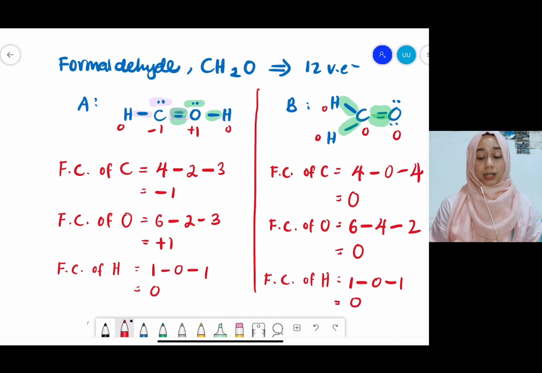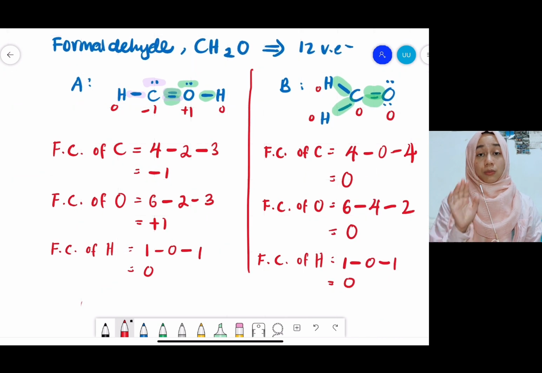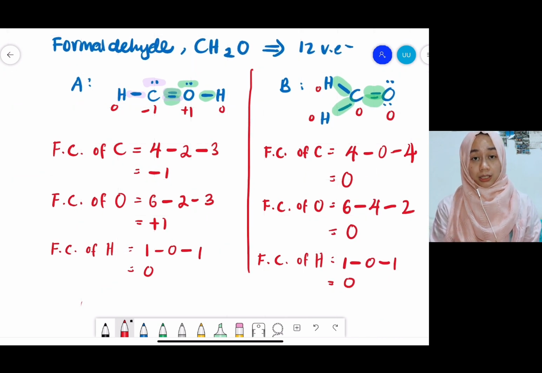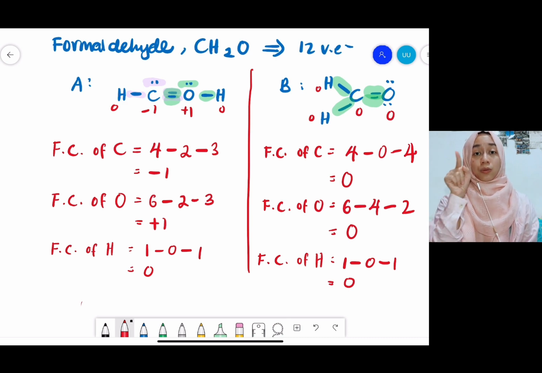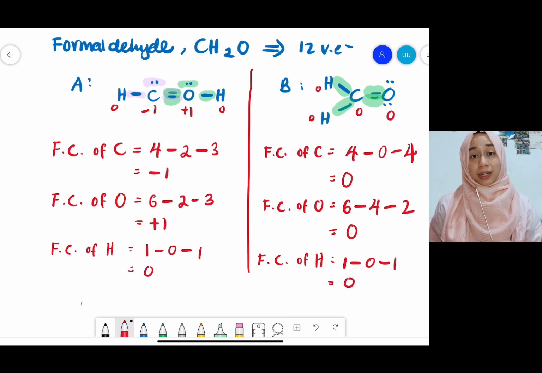Okay, so tadi ciri-ciri untuk the most plausible structure ada 2 kan? Sama ada dia approaching 0 ataupun equals to 0. That will be the most stable one. Ataupun satu lagi adalah bila negatif dia berada dekat the negative, the more electronegative atom. Okay, so in this case ada satu benda yang obvious lah.